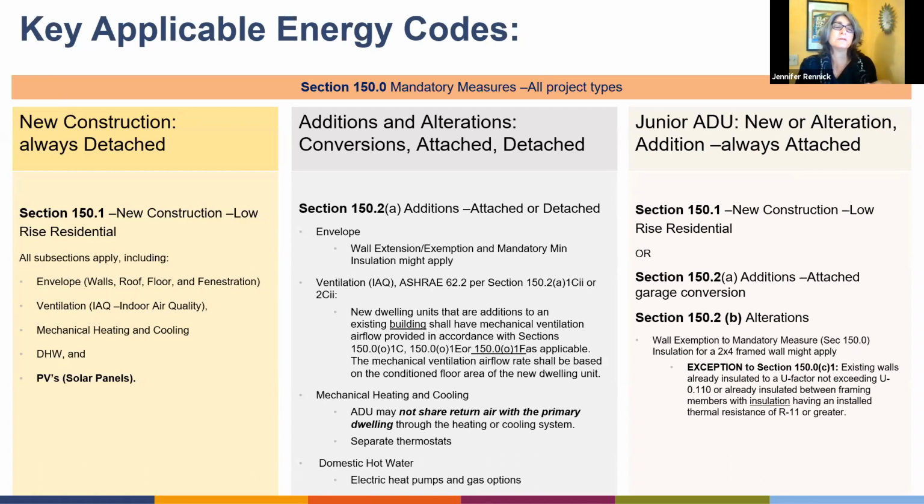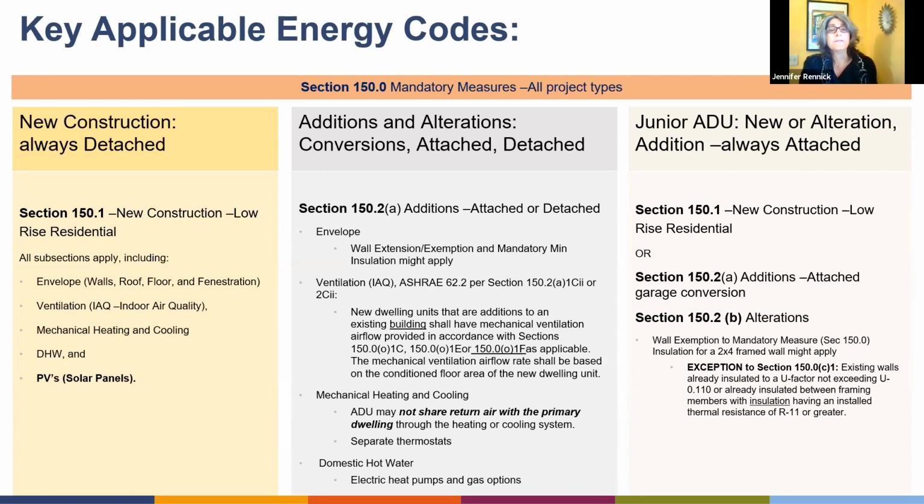It will also include the indoor air quality fans that Lauren pointed out, with the kitchen hoods or an exhaust fan and fresh indoor air requirements. You also have to comply with the water heating and the mechanical heating and cooling parts of the code. So it's really the whole thing. The energy code sees it as a brand new house, even though we're calling it an ADU.